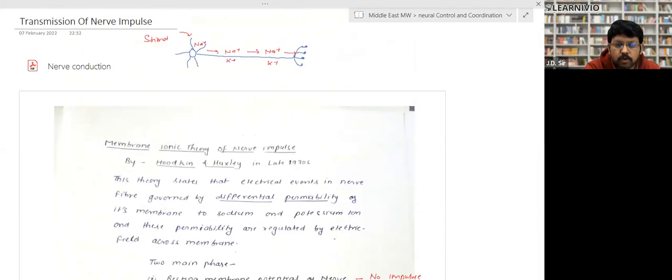Now come to the next topic. So put the next heading, that is the transmission of impulse between 2 neurons. Right?